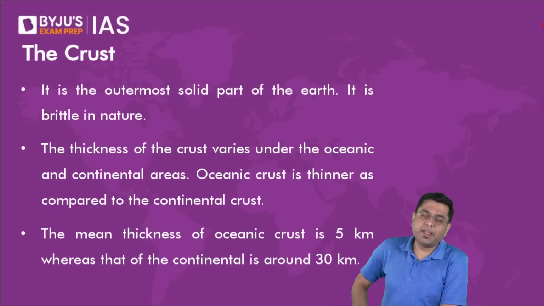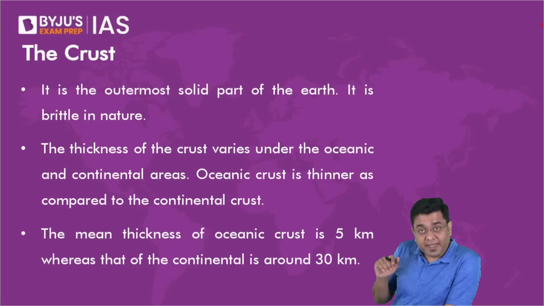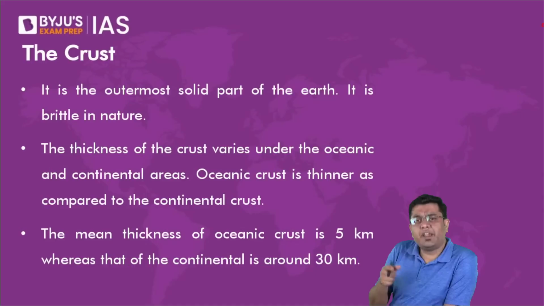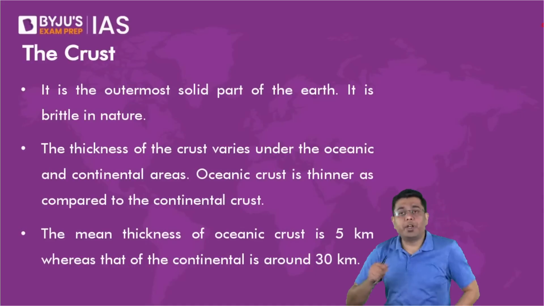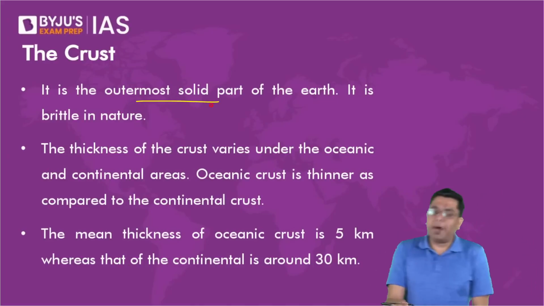And this is the written text of it. So, when we talk about the crust, the solid uppermost portion, it is very brittle in nature. Brittle means something which breaks easily. Whenever there is a significant amount of compression, expansion, any amount of tensional force or compressional force, it will break easily. So that is what the crust consists of. It is the outermost solid part of the earth.